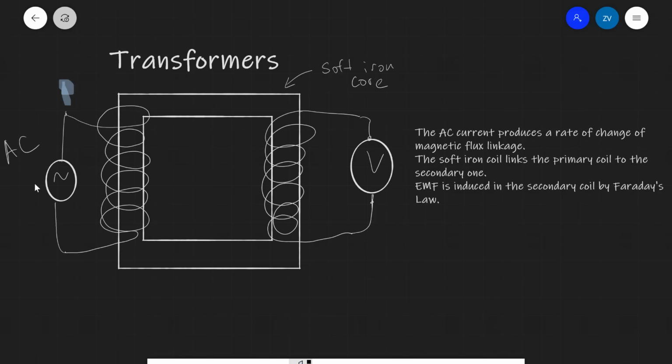I'll just label them: this here is the primary coil and this here is the secondary coil. But EMF is induced in the secondary coil by Faraday's law because the first coil is producing a magnetic field, and that magnetic field is changing, which changes the magnetic flux, which of course produces a rate of change of magnetic flux, which induces EMF in the secondary coil.